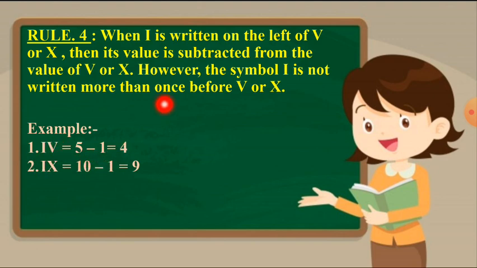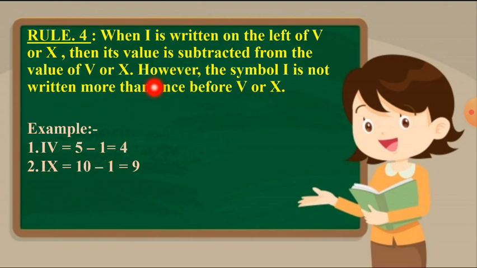So according to the rule, if any number is written on the left of V, that will be subtracted. So we have to subtract 1 from 5. So what answer will it give? It will give us 4. So how will you write 4 in Roman numerals? You will write it as I and V. Next example, I and X.